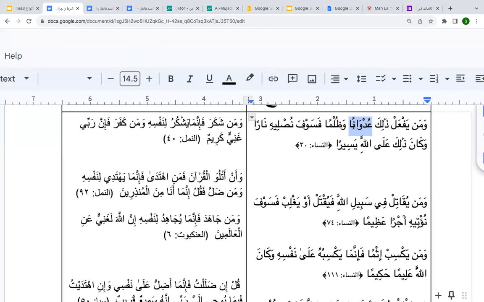It is going to be lahu. Maf'ul lahu. Maf'ul lahu is usually when you have a masdar, and most authentic books will say maf'ul lahu.